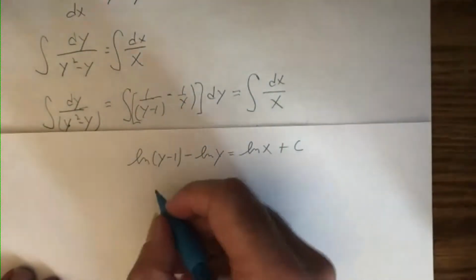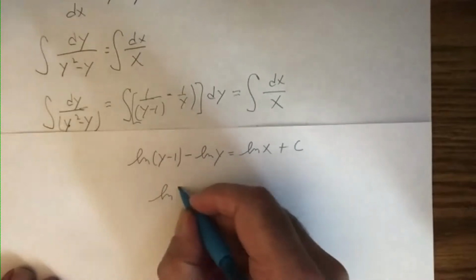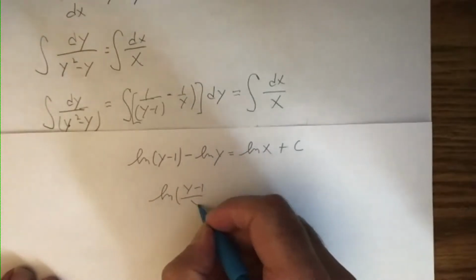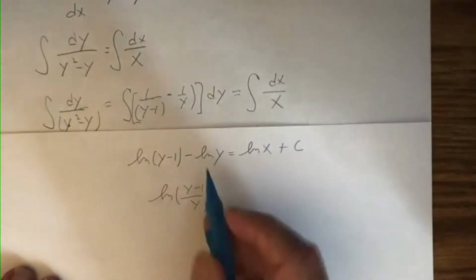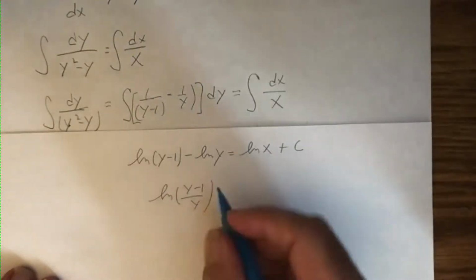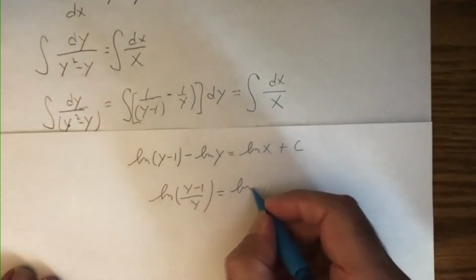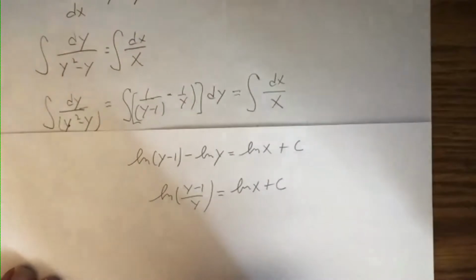All right. Let's see. I can write this as the natural log, using our property of logarithms, of y minus 1 divided by y. Remember our properties of logarithms? If you've got the minus sign here, you're dividing. If this was a plus, they'd be multiplying. And then this is the natural log of x plus c.